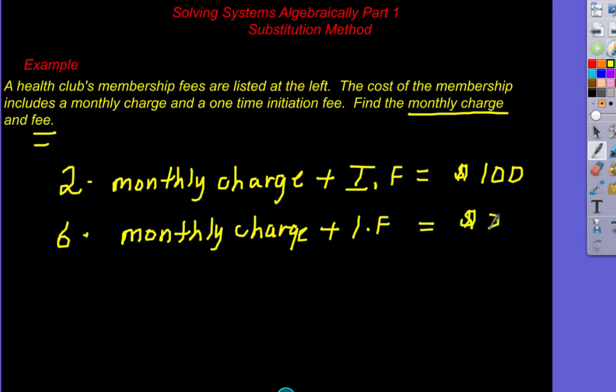So now they want us to find both the monthly charge and the initiation fee. So we have to write a system. We're going to let M equal the monthly charge, and F equal the initiation fee. So let's continue on.